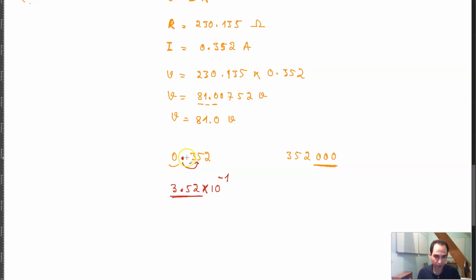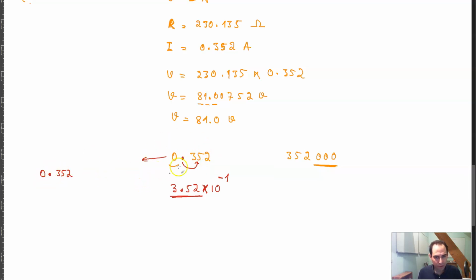If I didn't have to put the decimal place in the beginning of the number, I wouldn't have needed this 0 in the first place. I could even write this number as .352, and I wouldn't need the 0 over there. But because people might make mistakes, they put this 0 here to point out that this number starts with a decimal point, right?